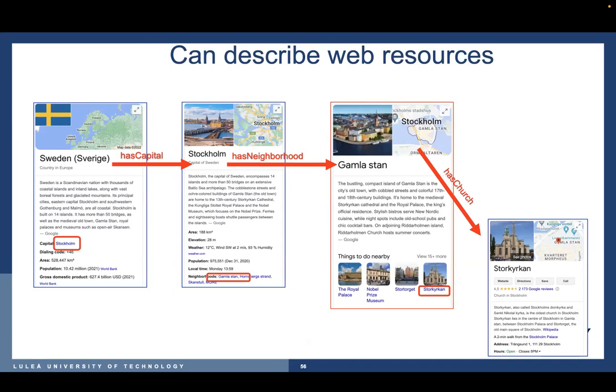From one web page, say with information about a country like Sweden, we have a link to Stockholm. Then it is a page in itself, which has other hyperlinks. So we will introduce extra pieces of information which encode the semantic relationship between them.